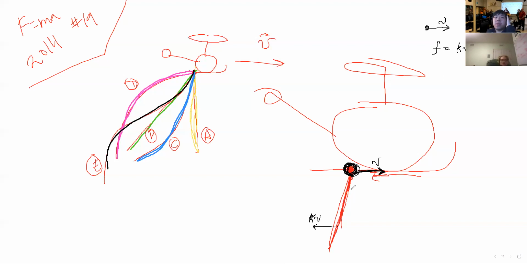However, the top point has less of a bearing on the bottom point because it's further away from this part, which has to go at a velocity of v. Also, because this F is linearly proportional to v, this dependence is also going to be linear in proportion.